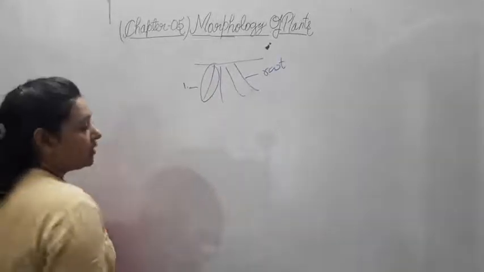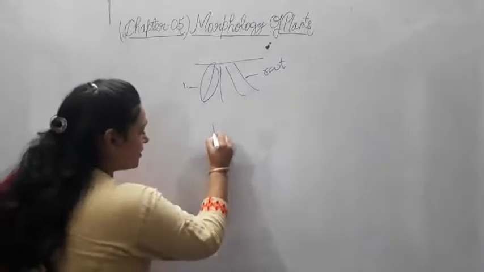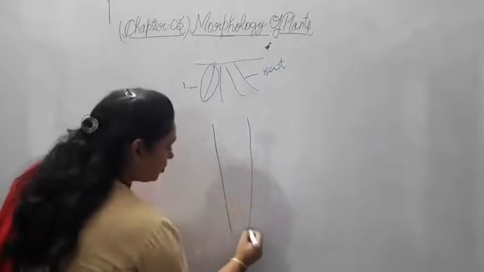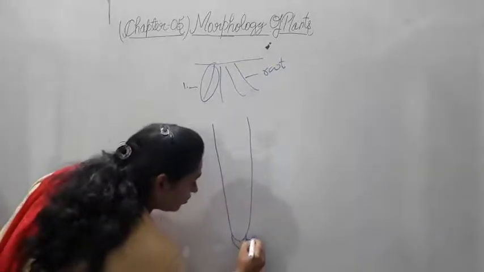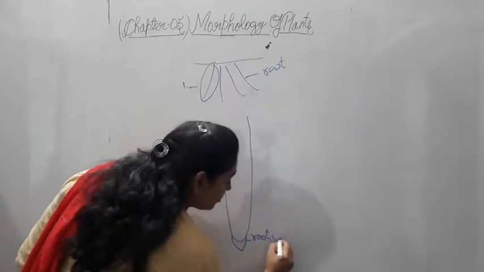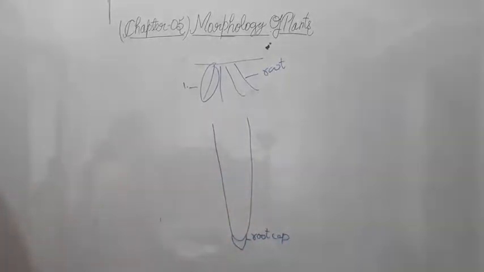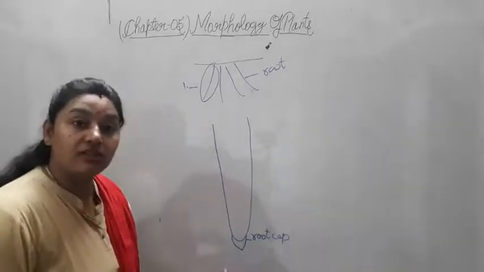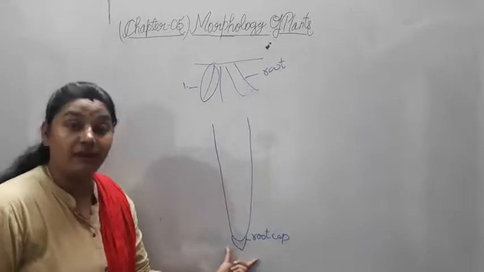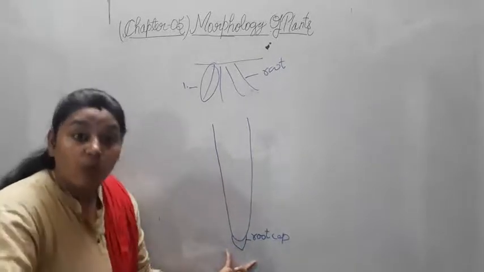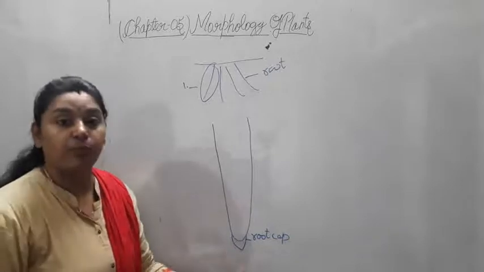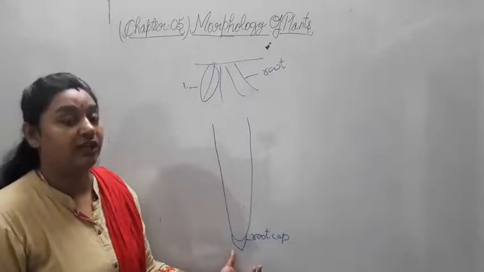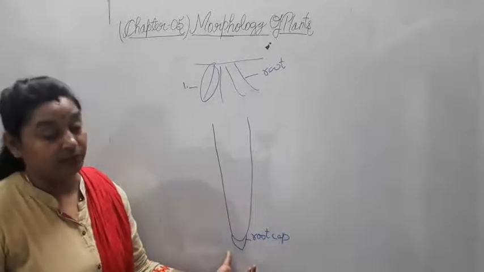Okay, so if I pick this one root, you will see that each root is having a root cap present over here, and this root cap is meant for the protection and for the penetration down inside, so that it can go more beneath the earth, more beneath the soil, so that it can occupy a large space and can help in taking its nutrition and minerals too.